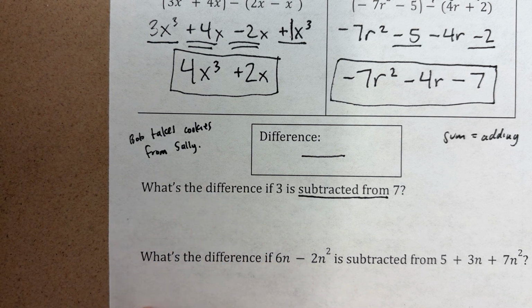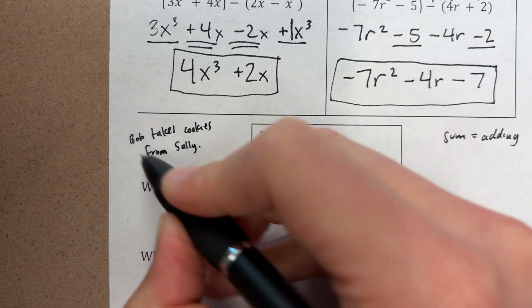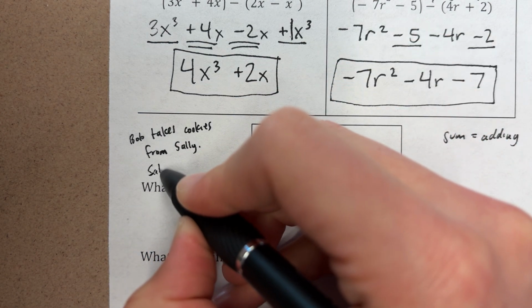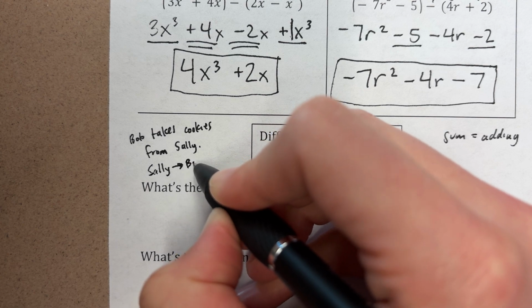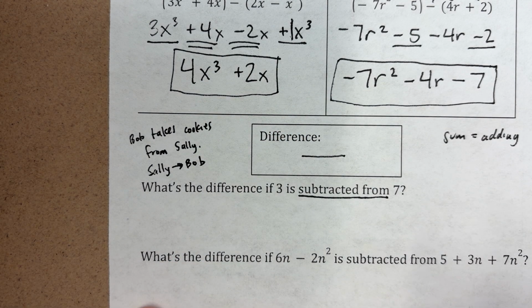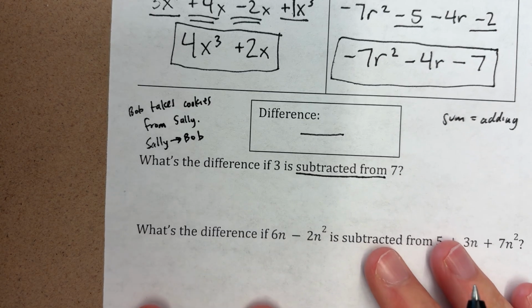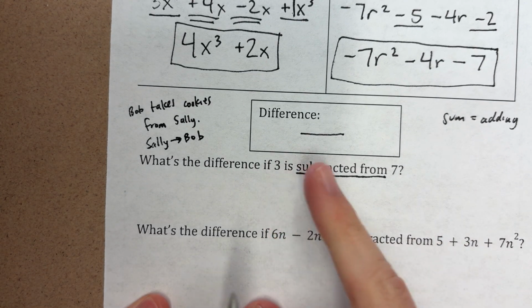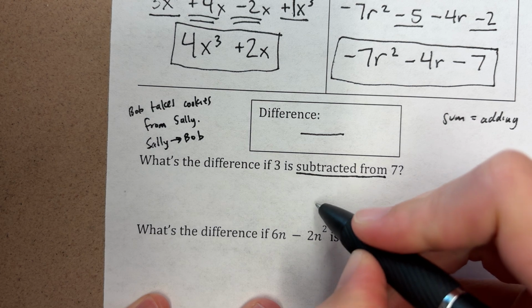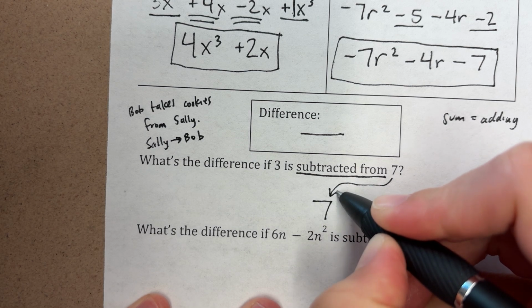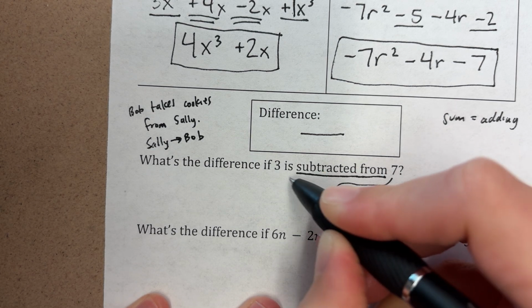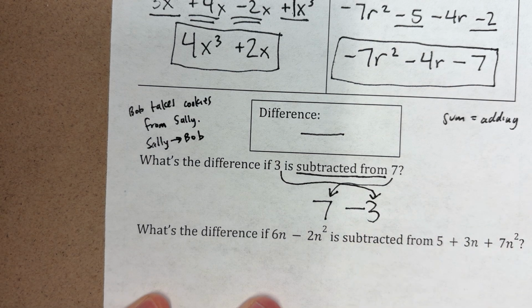And then Bob took them away. So even though Bob's name comes first in the sentence, the cookies are actually going from Sally to Bob. It's going in the opposite order. So just be aware of that. That's just how the grammatical structure is. So if I want 3 subtracted from 7, that actually means I'm starting with the 7 and I'm taking away 3. So just notice that switch in order.